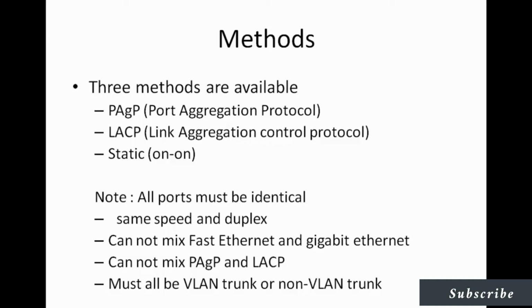We can't mix PAgP and LACP, like PAgP on one side and LACP on the other side. You can't do that. You need to use PAgP on both sides or LACP on both sides. It should either be a VLAN trunk or a non-VLAN trunk on both sides; you can't use both at one place.